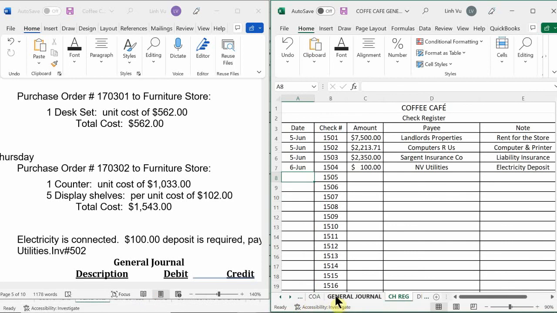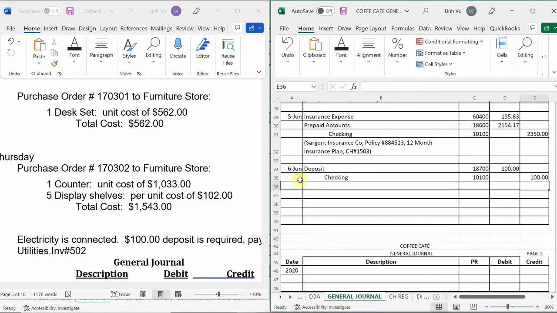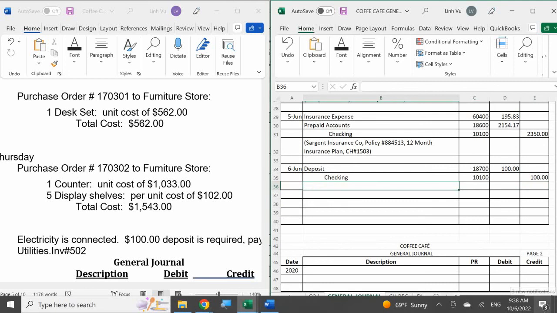So we wrote check number 1504 to NV Utilities. We did this for what was proof of the transaction?